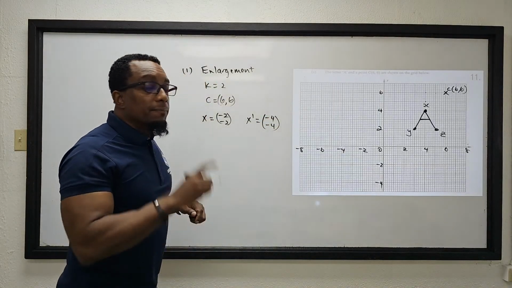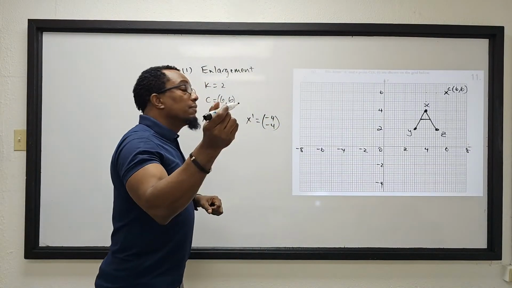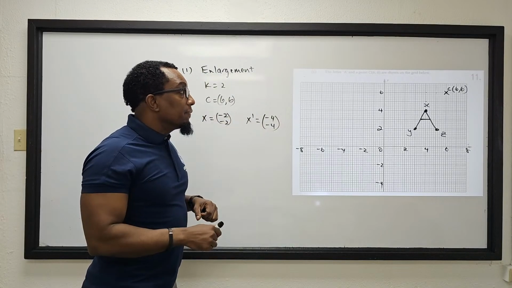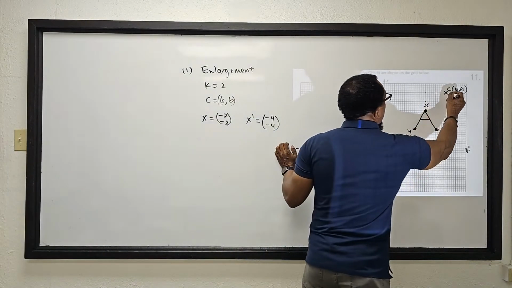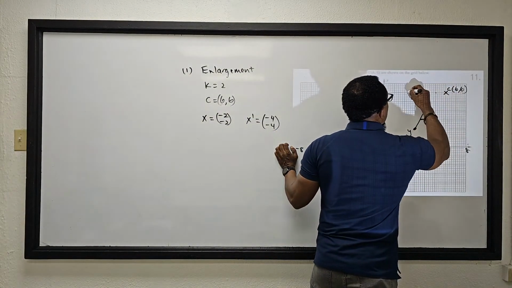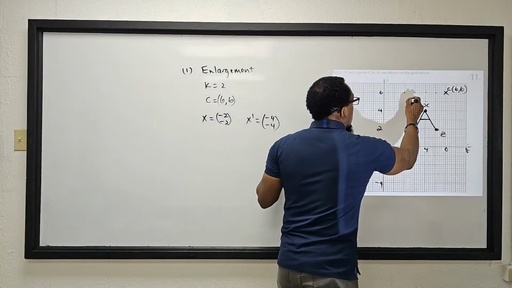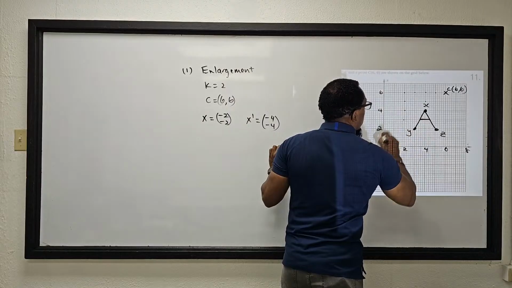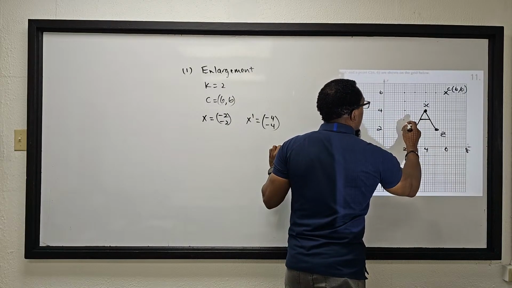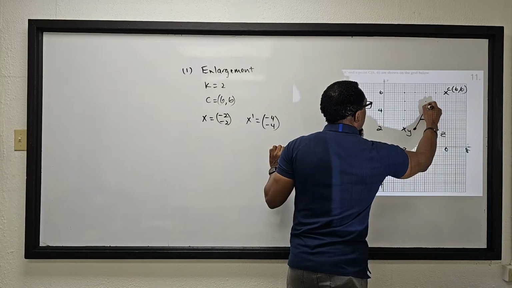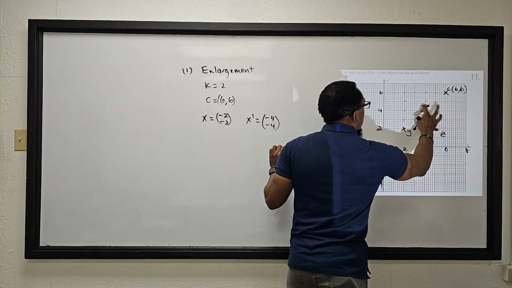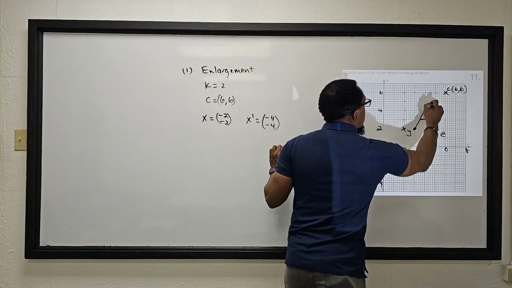So let's move from our center of enlargement 4 places to the left and 4 places downwards. So this will be 1, 2, 3, 4 to the left, and I'm moving 4 downwards. This is 1, 2, 3, 4. So this here will be, let me call it W instead.